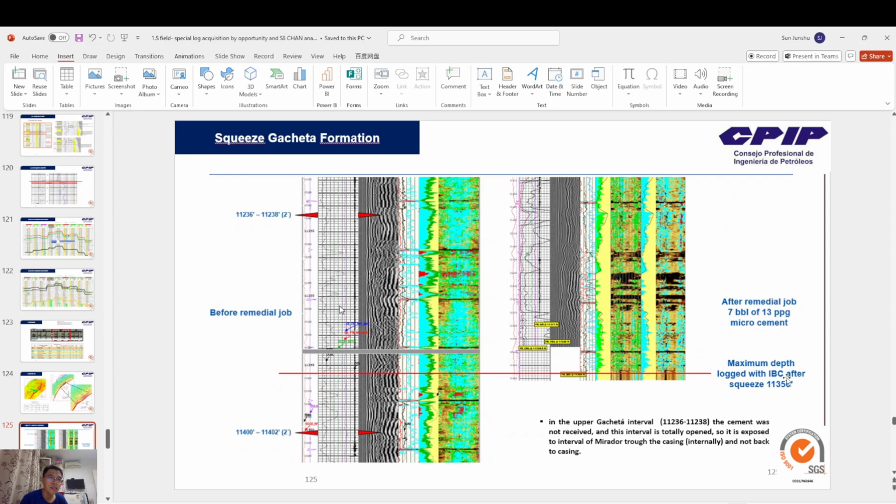This is the maximum depth logged with USIT after the squeeze at 11,356. In Upper Gogeta, the cement was not received, and this interval is totally open, so it is exposed to the Mirador interval through the casing and not back to casing.